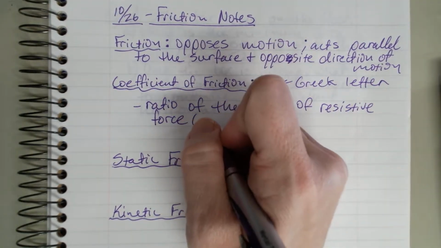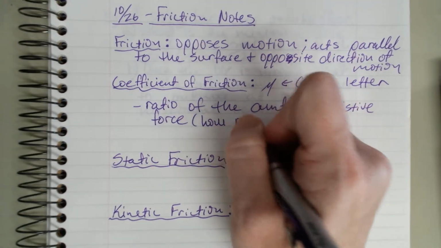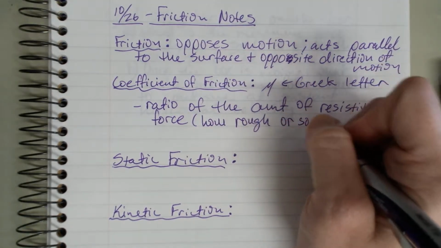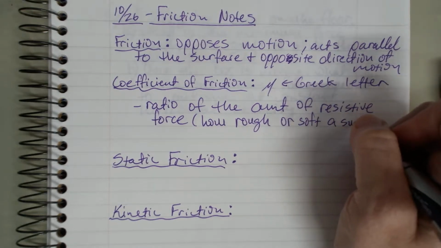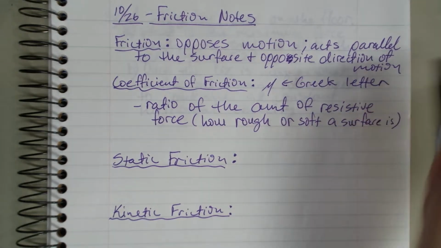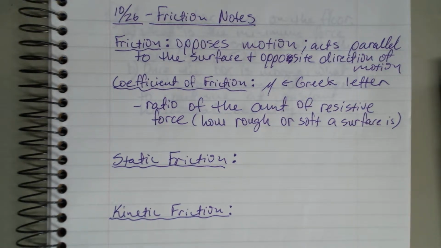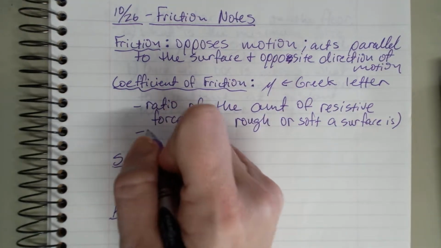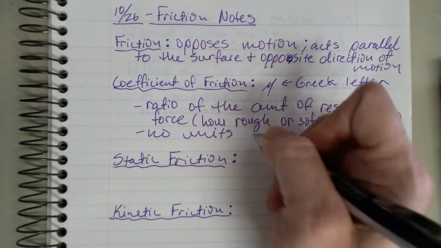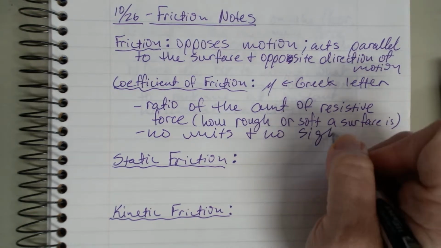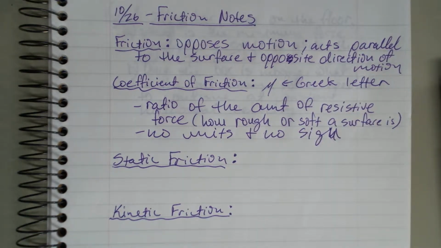So that's basically how rough or soft a surface is. If you have a high mu, it's a rough surface. If you have a low mu, it's a relatively smooth surface. It doesn't have any units and no sign, because it's a constant for a particular surface.